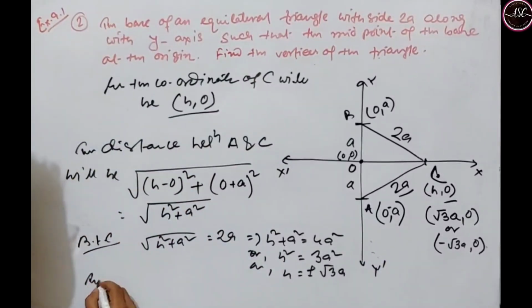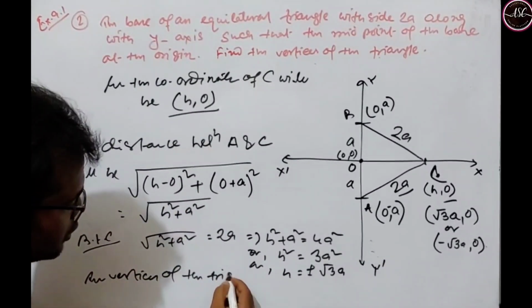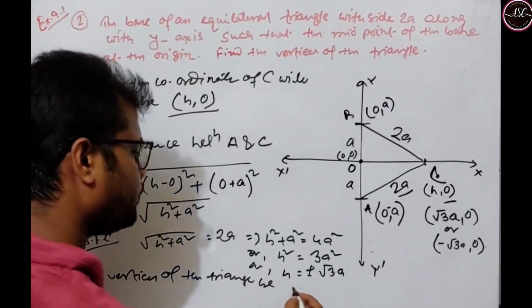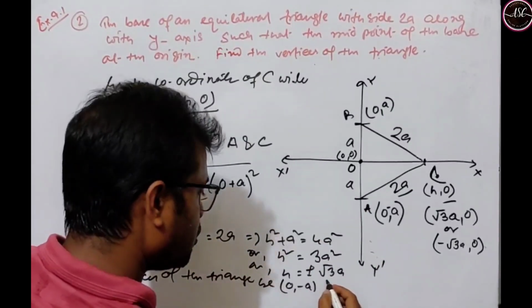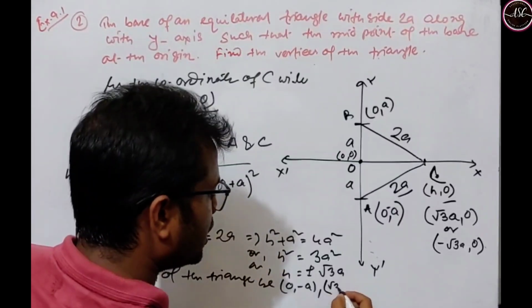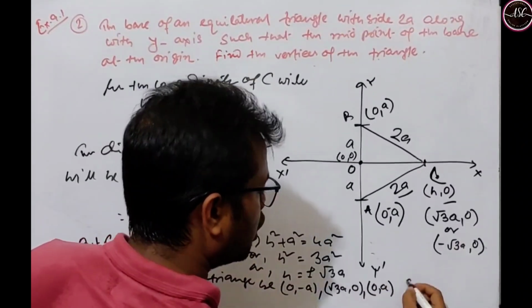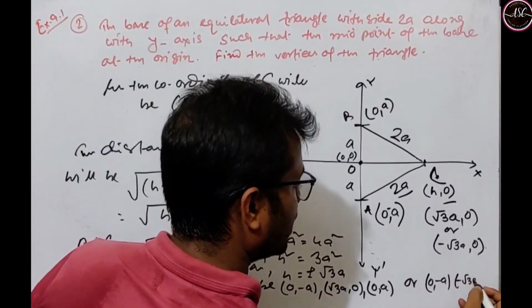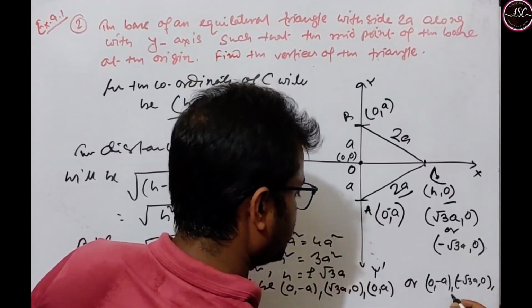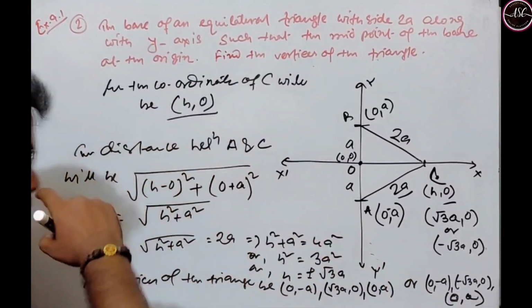So the vertices of the triangle will be 0 comma minus a, root 3 a comma 0, and 0 comma a, or 0 comma minus a, minus root 3 a comma 0, and 0 comma a. Okay, then look at this question.